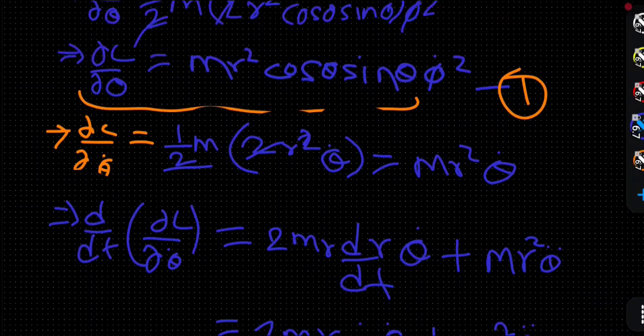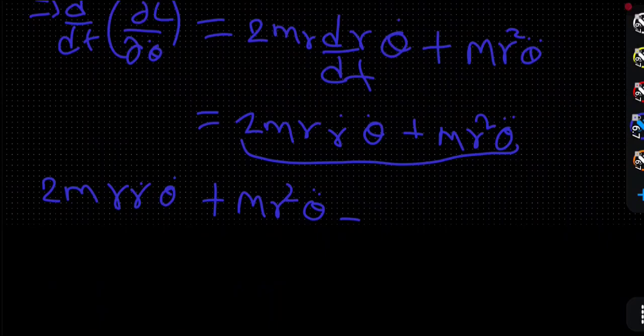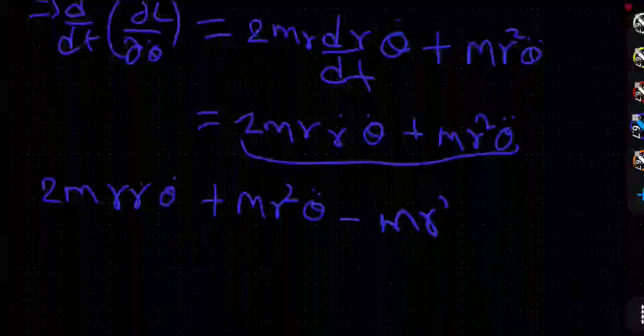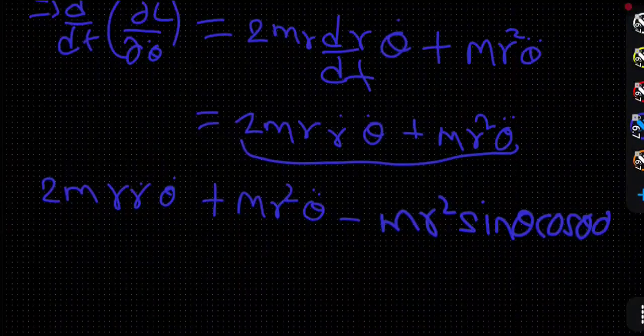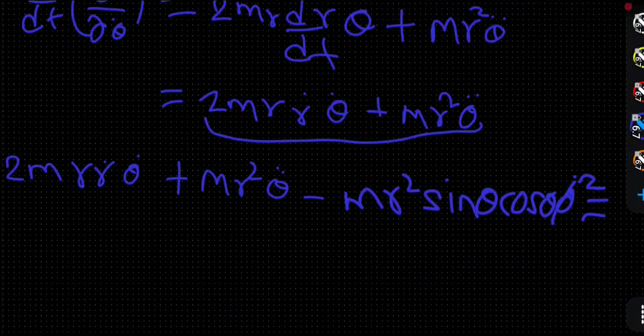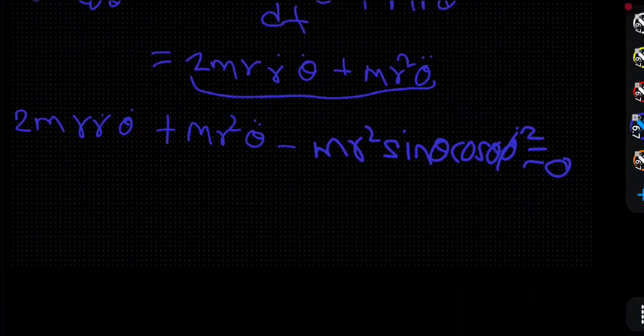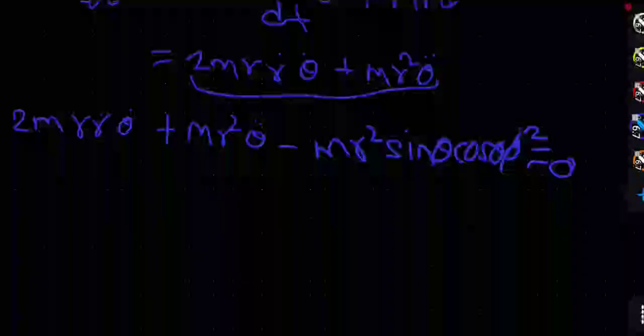It was mr² sin θ cos θ φ̇², and equals, of course, 0. So this is our equation. Now we are going to simplify this.